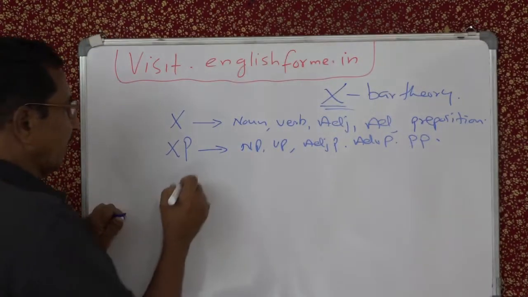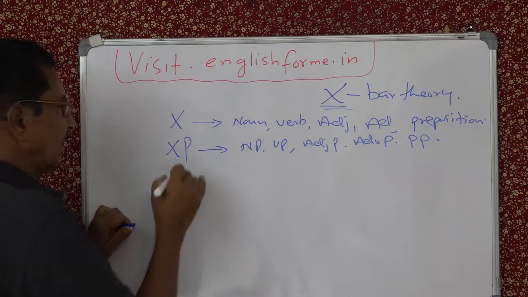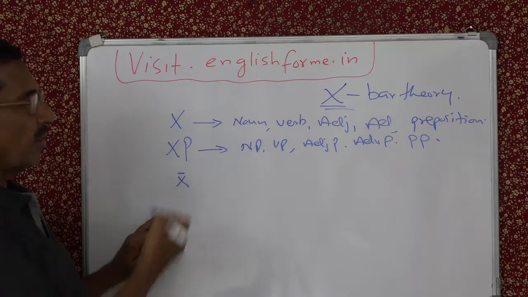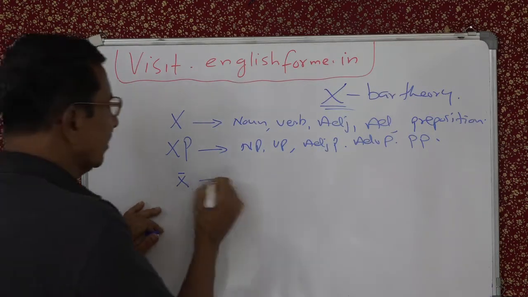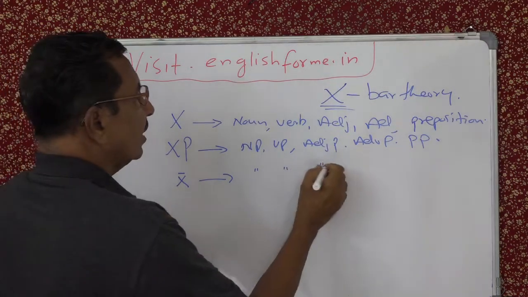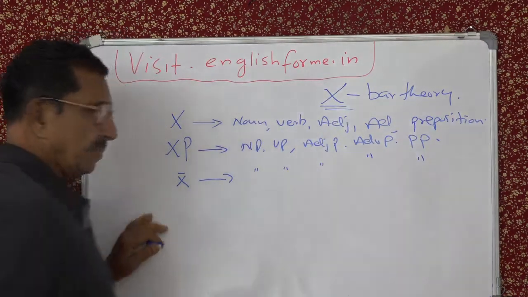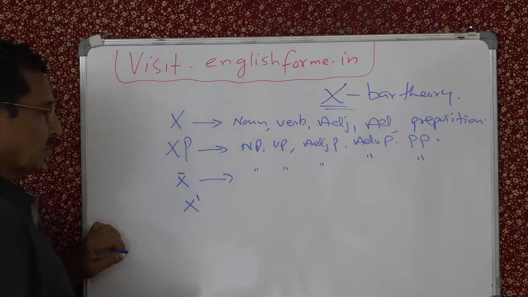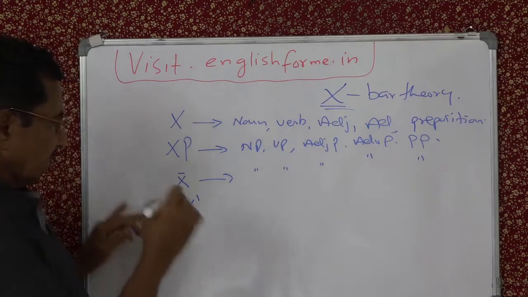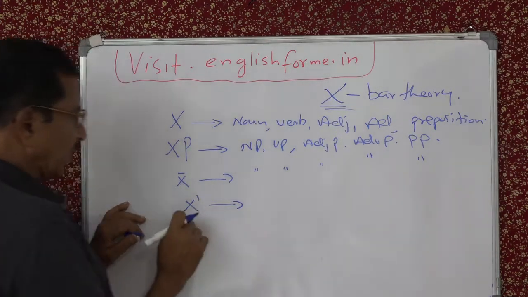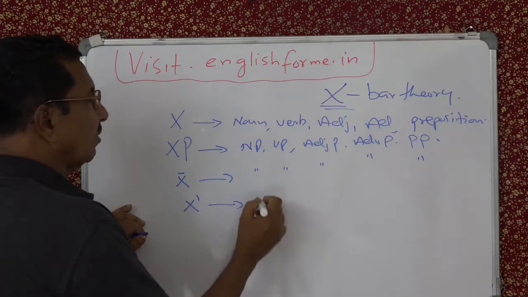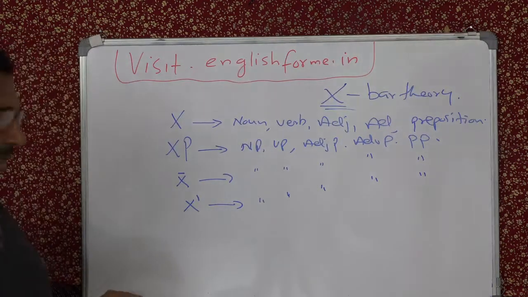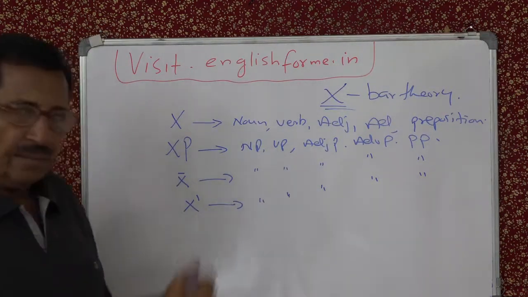Instead of writing XP, to make it simple, we write Xbar. Since it was difficult to typeset the bar, they used the prime symbol, the apostrophe. So this is the symbol for Xbar. Xbar means noun phrase, verb phrase, adjective phrase, adverb phrase. Instead of saying NP, VP, etc., you can just say Xbar.